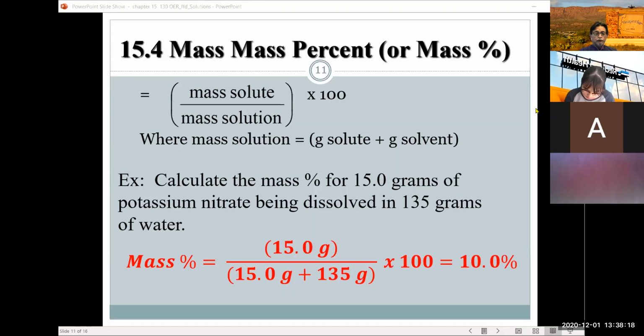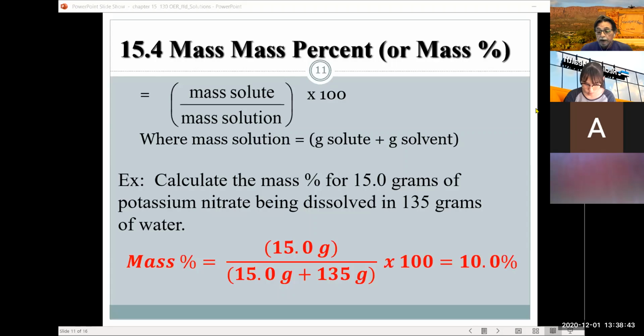For example, it says calculate the mass percent for 15 grams of potassium nitrate being dissolved in 135 grams of water. Now, keep in mind, you're simply asking for the mass percent. There's no need here for the moles. We're just simply talking about the weight.